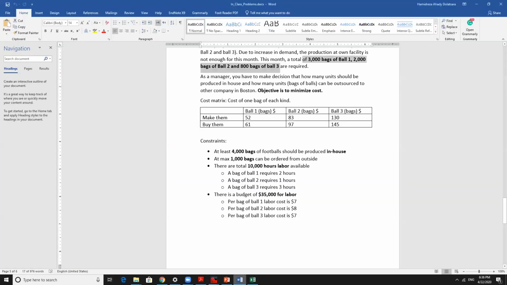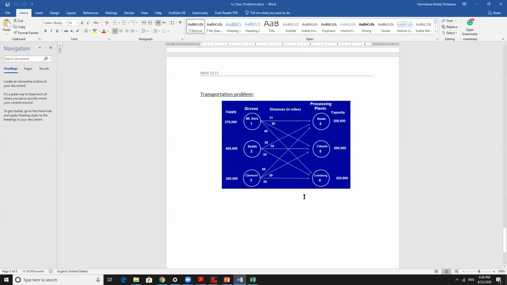So for the third question, it was a transportation problem. We had 3 suppliers in Mount Dora, Estes, and Claremont that need to supply our 3 processing plants in Leesburg, Orlando, and Ocala.